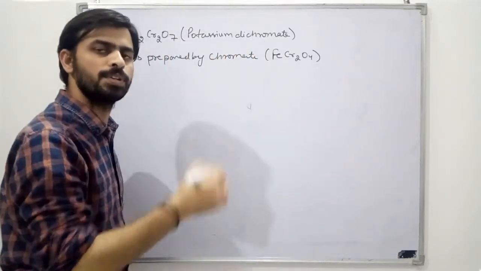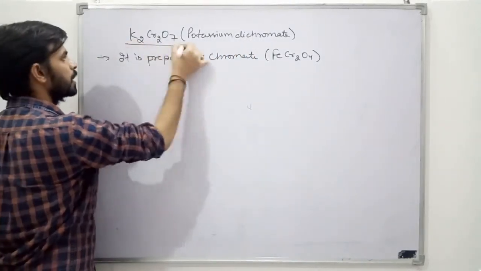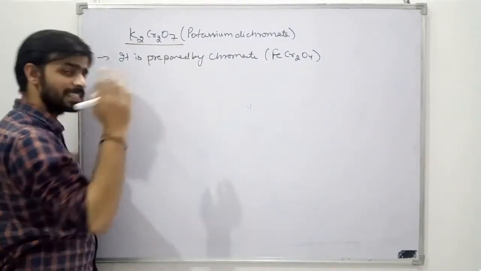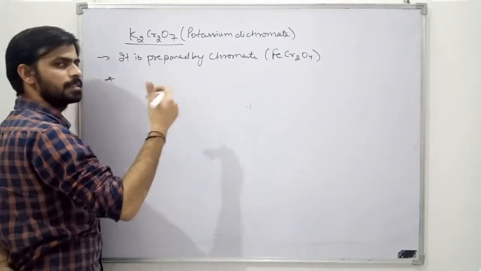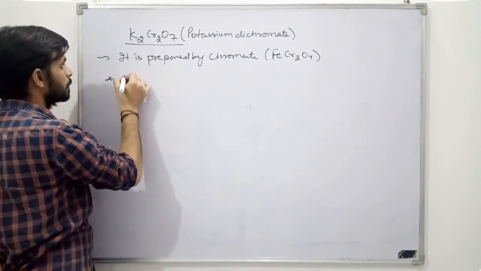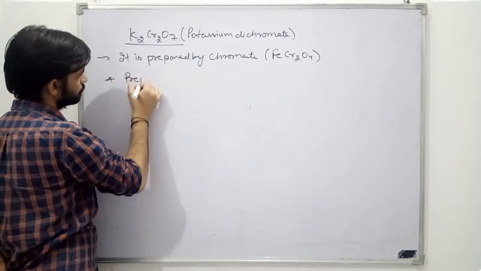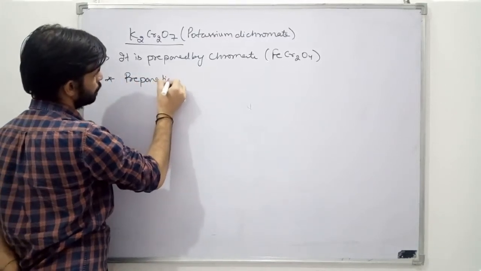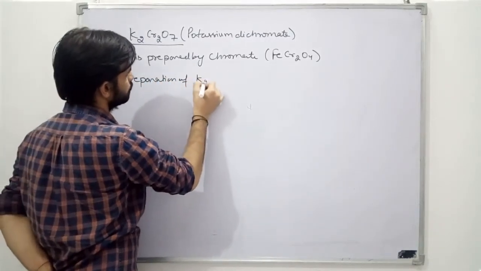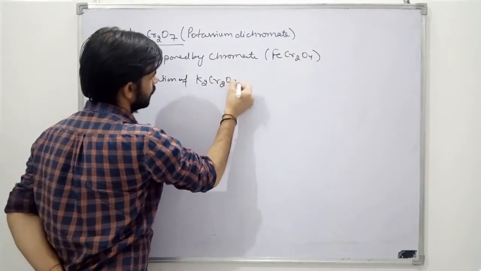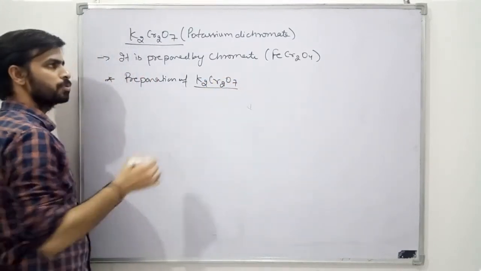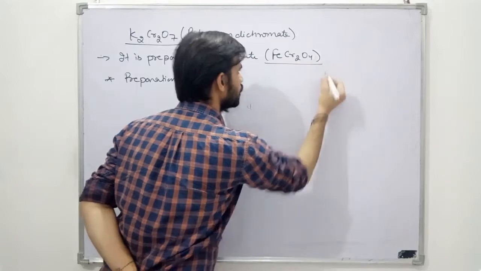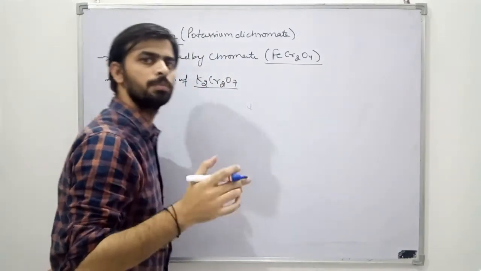Let's start the preparation of potassium dichromate. It has three steps. So let's start one by one. Preparation of potassium dichromate. In the first step, we have to convert the chromate ore into the sodium chromate.